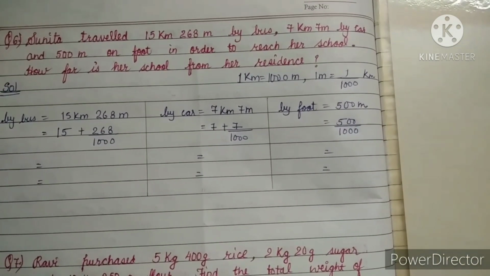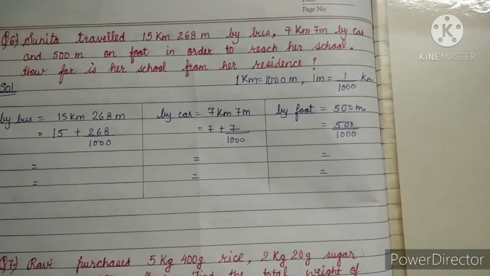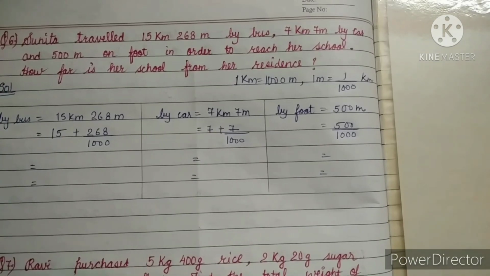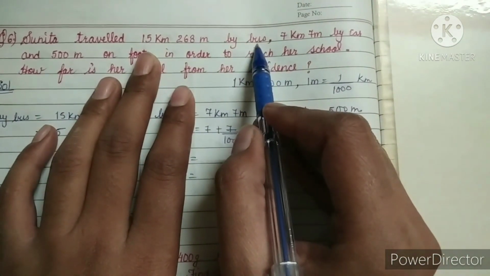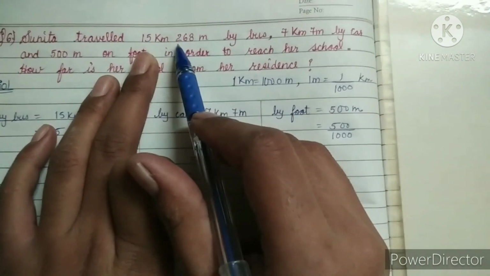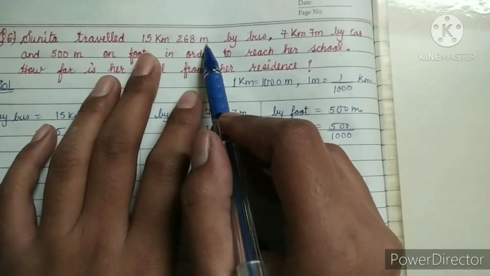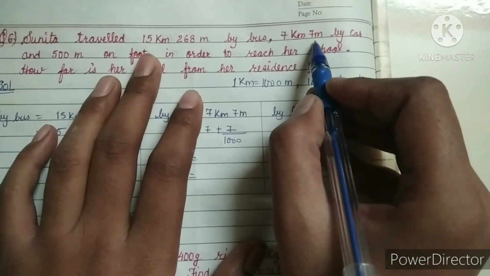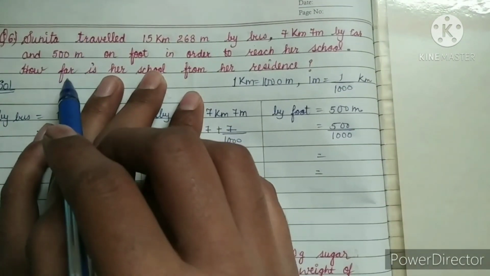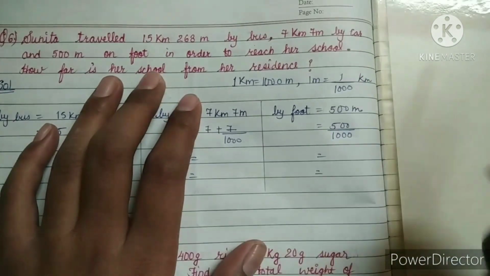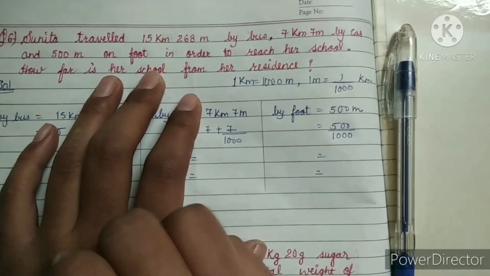Question number 6 is Sunita travelled 15 km 268 meter by bus, 7 km 7 meter by car and 5 meter by foot. So she travelled in 3 ways.